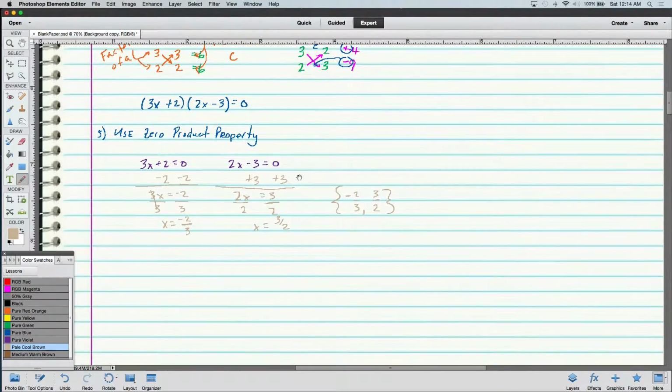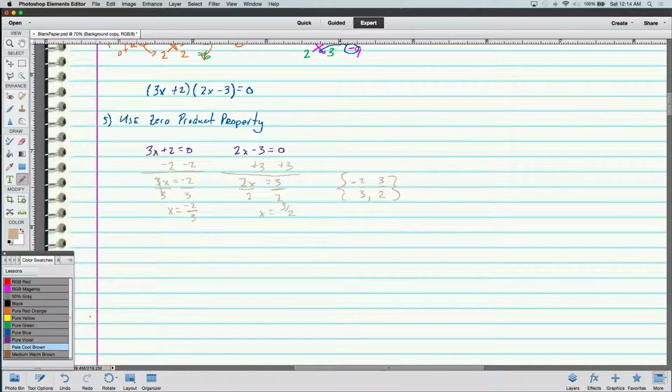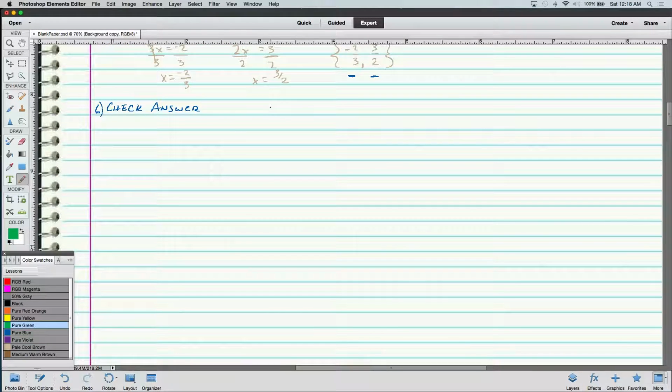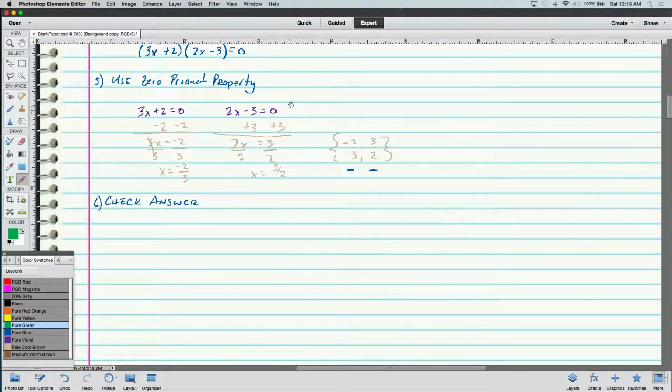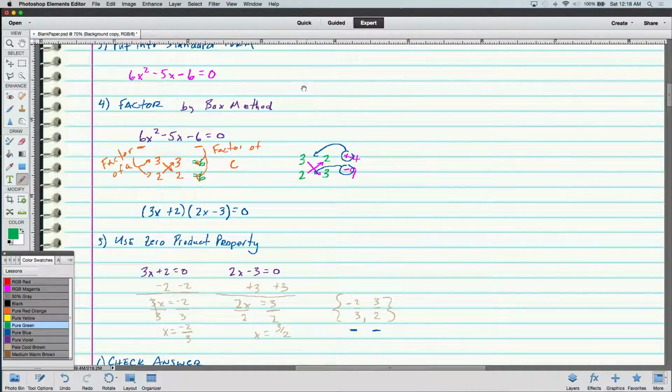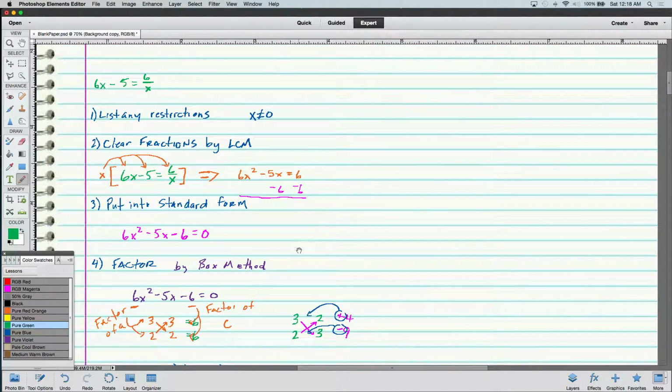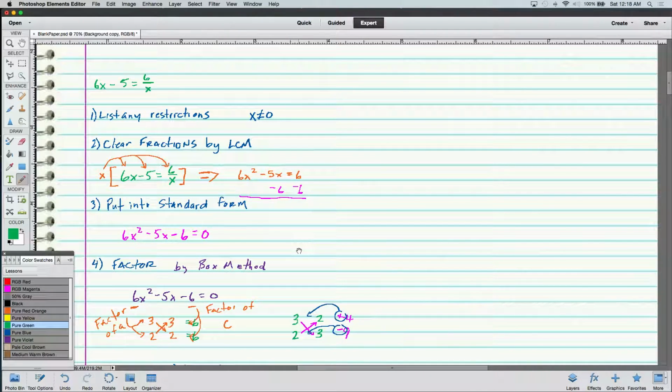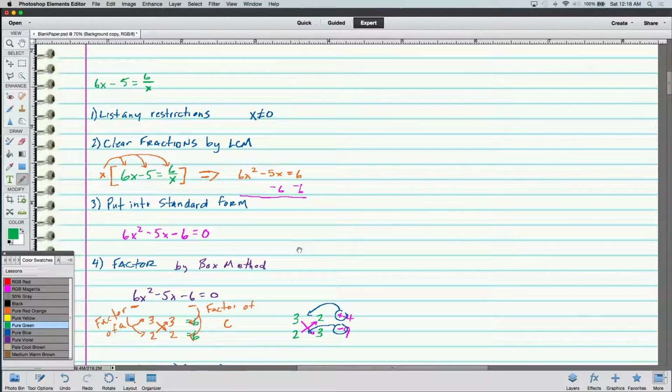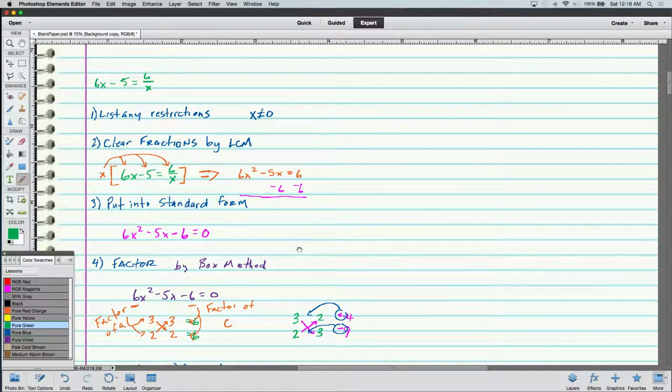And our last step, if we want to check our answer, now just going back over to step 1, remember step 1, we found our restrictions. The restriction says x cannot equal 0. Well, we didn't get 0 for one of our answers, so that is good.